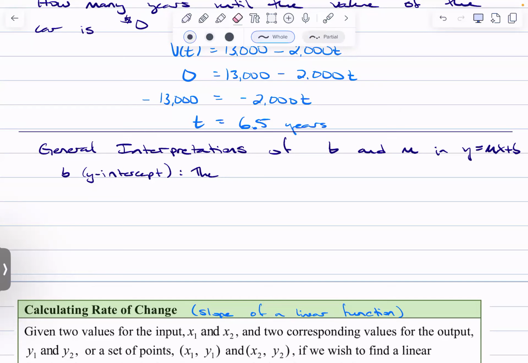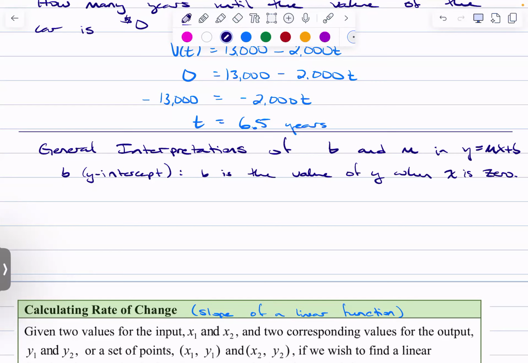So I want you to remember that general interpretation. So I'll highlight this guy here.